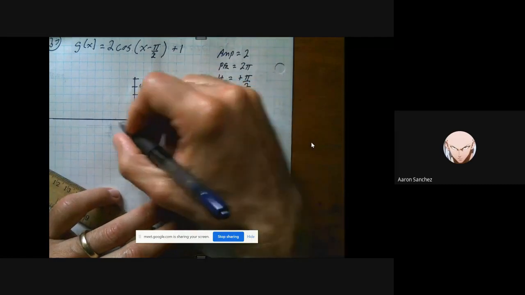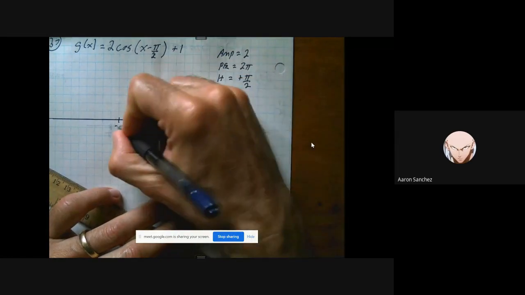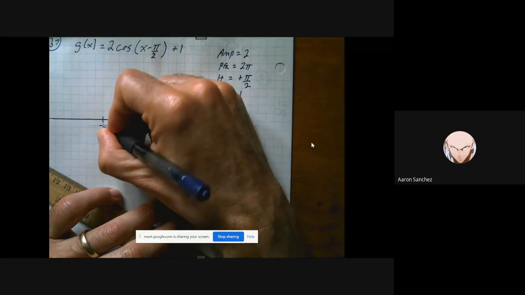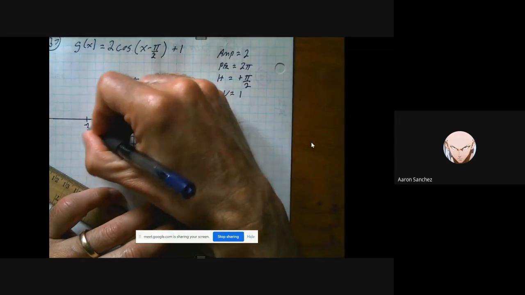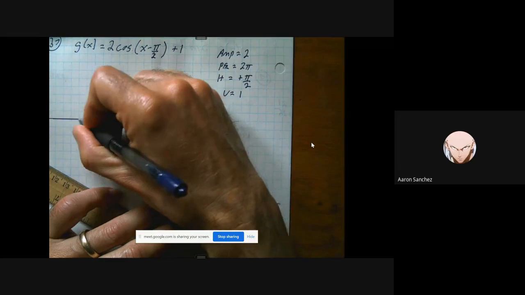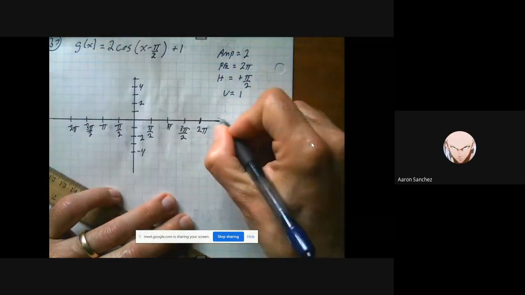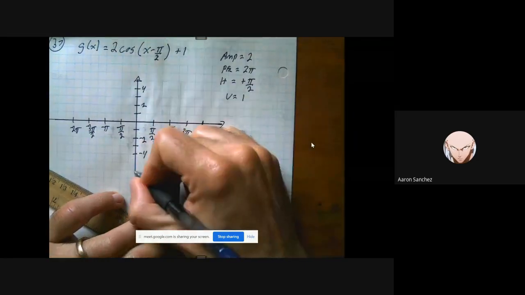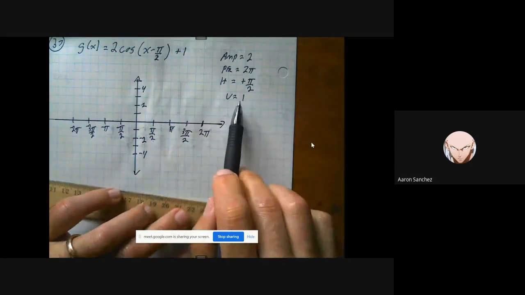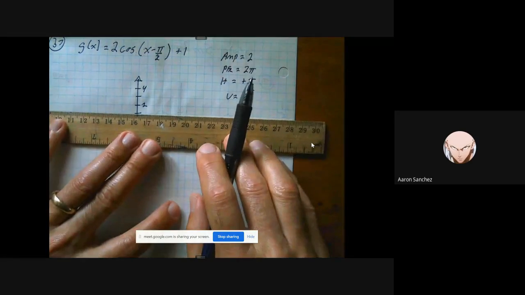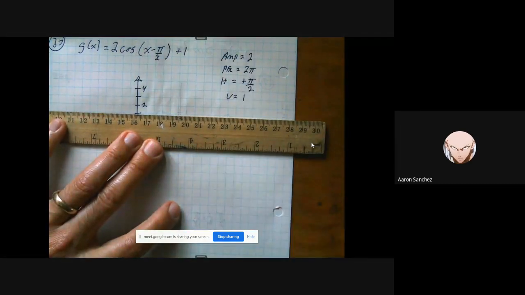So we have negative pi over 2, negative pi, -3 pi over 2, and -2 pi. Vertical shift of 1. So that means I'm going to draw my midline at 1, and then we'll put our points in.